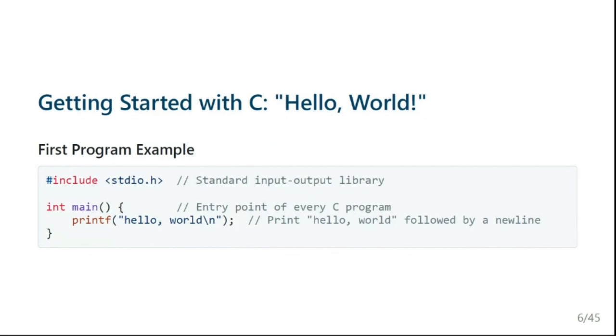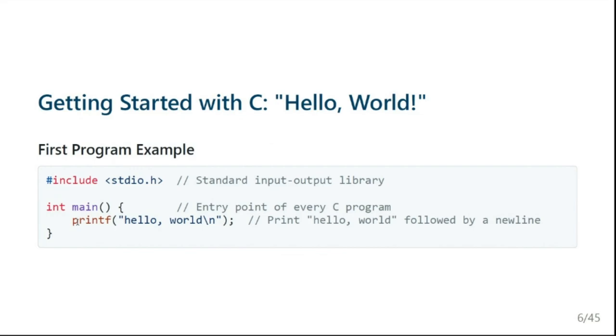Okay, let's take a look at the classic code, hello world. And the first line you can see is you need to include this standard IO library, even just for the purpose of printing.